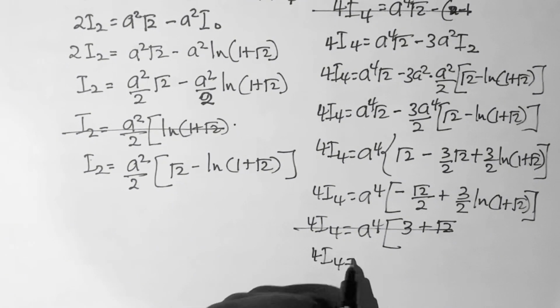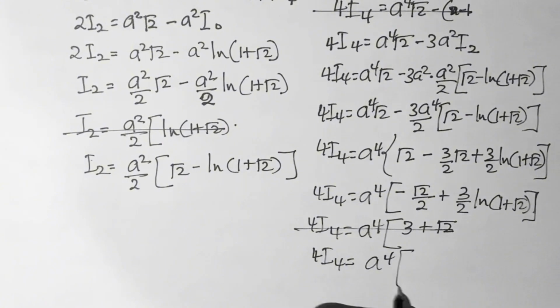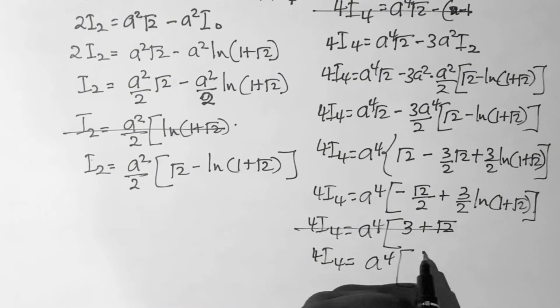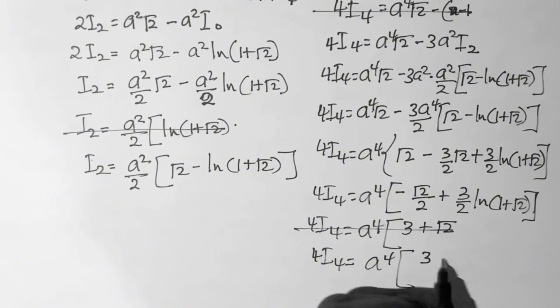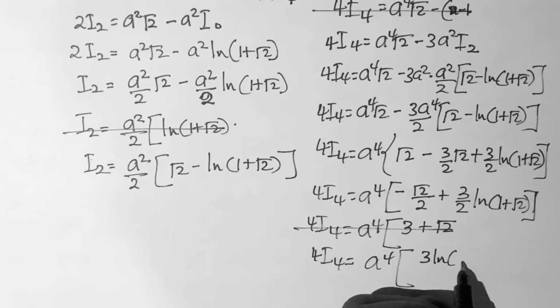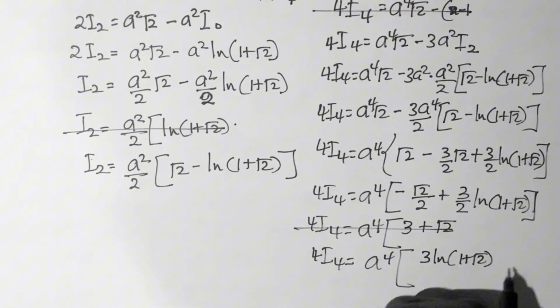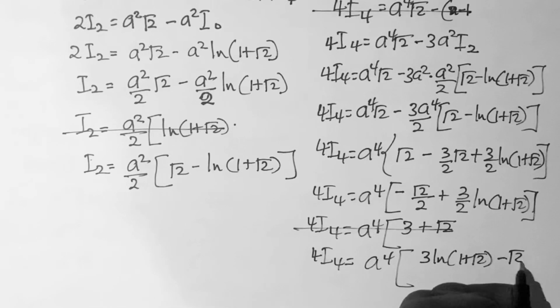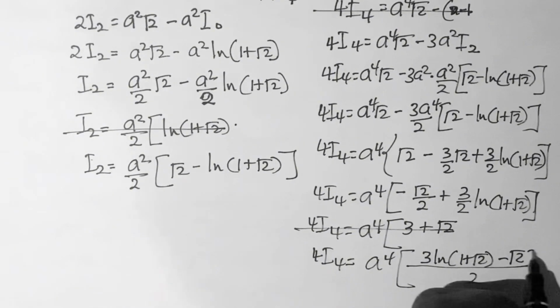So 4I of 4 is equal to a exponent 4 bracket 3 natural log of bracket 1 plus root 2, then minus root 2, all of this divided by 2.